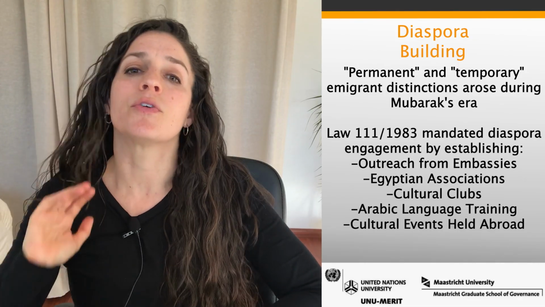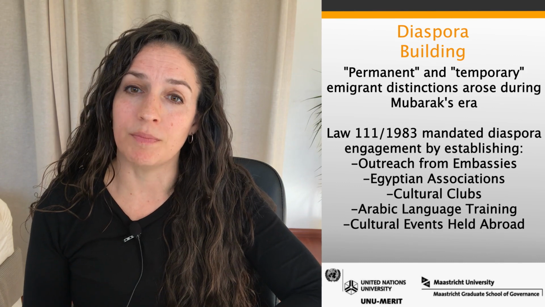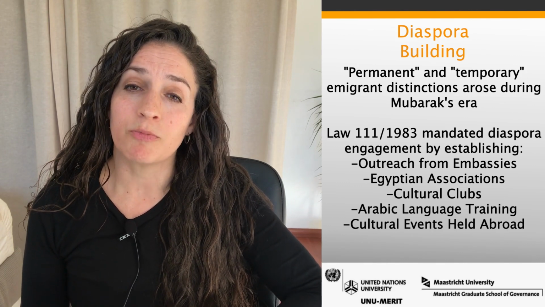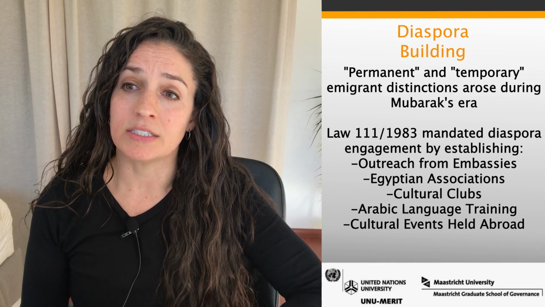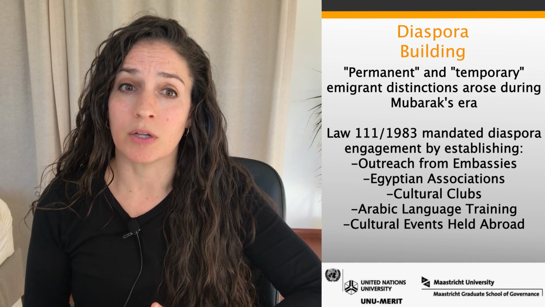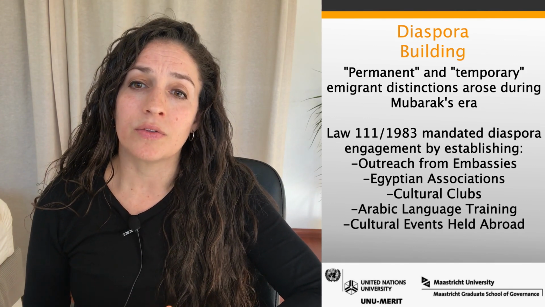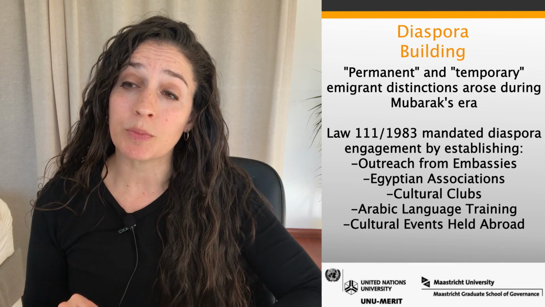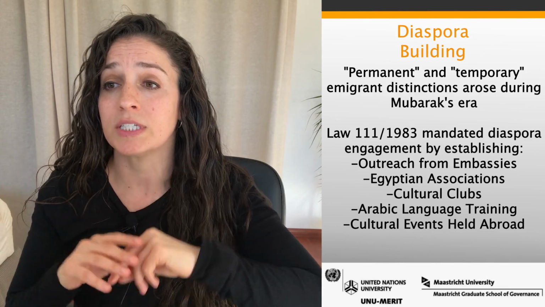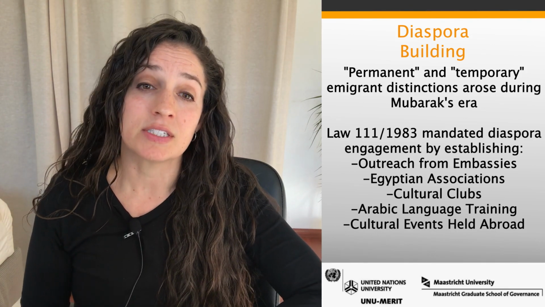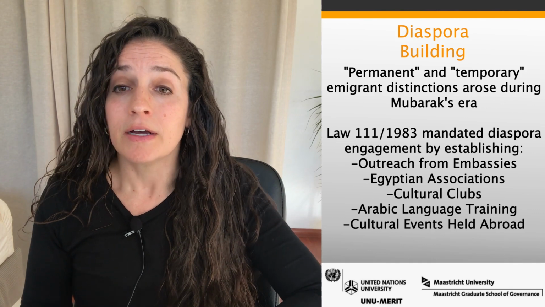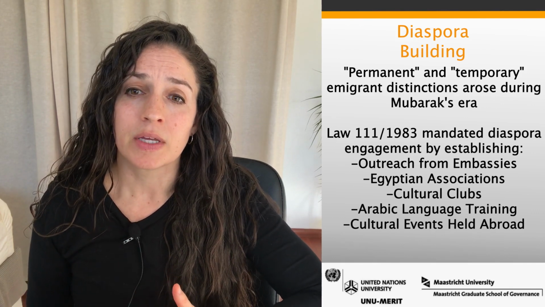Now let's look at the first steps of diaspora building. So at the beginning of Mubarak's era in the 1980s, there was a twofold immigration policy. And this clearly distinguished between so-called permanent and so-called temporary immigration. And this distinction remains partly valid to this day.